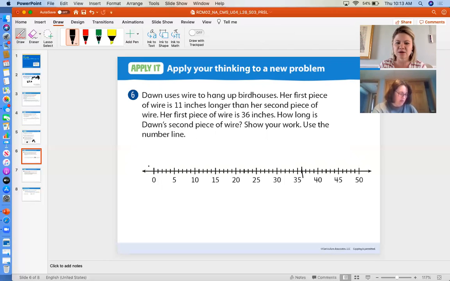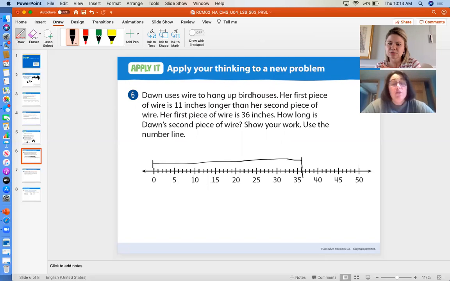Okay, so I know that if I draw a line from 0 to 36, this is her first piece of wire, right? Do I know how big her second piece of wire is? No, we don't know for sure.